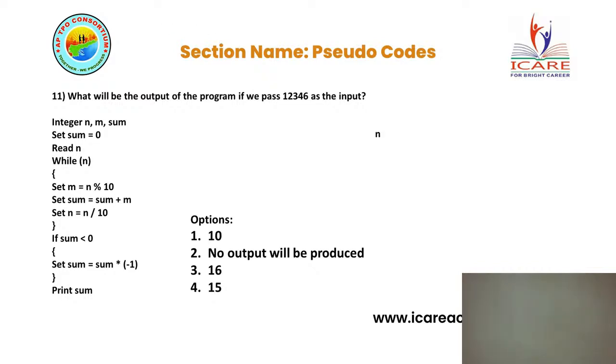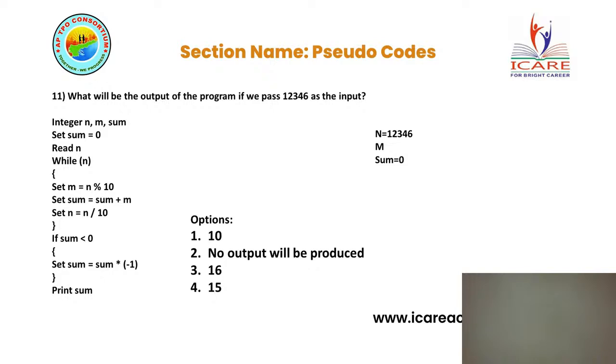So we have variables n, m and sum. If we pass the input 1, 2, 3, 4, 6, set sum equal to 0. We are setting the value sum equal to 0 and we are reading n. So we are storing the value 1, 2, 3, 4, 6 in n.